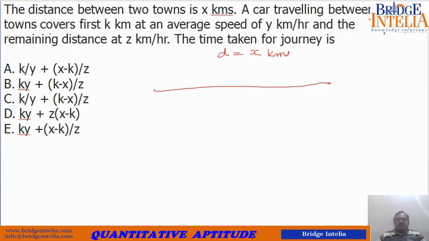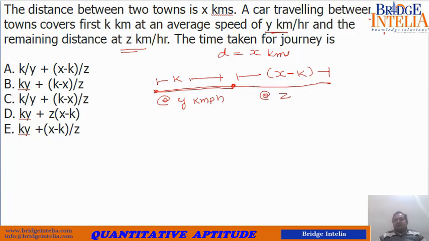A car is traveling, covers the first k kilometers. So from here to here it is k. So the remaining distance must be x minus k, because total distance is x. So this portion, from here to here, he was traveling at a speed of y kilometers per hour. So y kmph. And this remaining distance at z kilometers per hour. So z kmph.